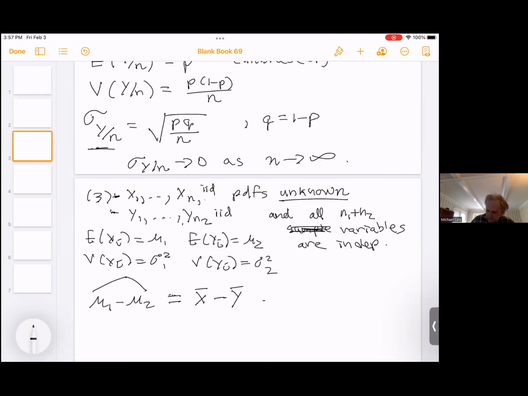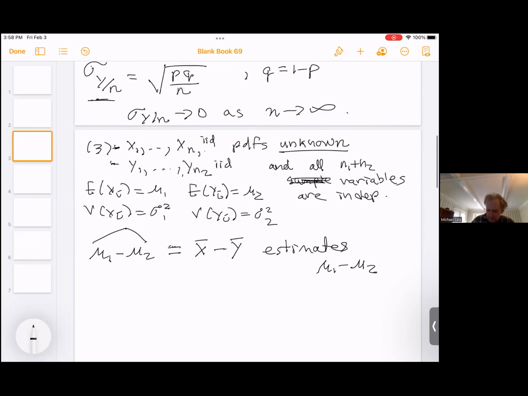So this estimates mu1 minus mu2, and we have E of x bar minus y bar equals mu1 minus mu2, and the variance of x bar minus y bar equals sigma 1 squared over n1 plus sigma 2 squared over n2.